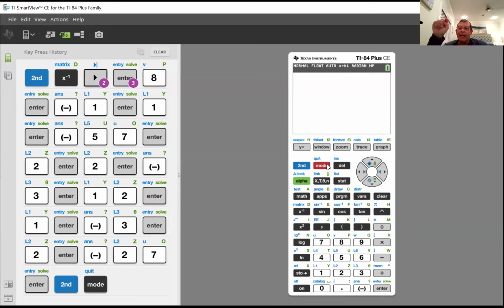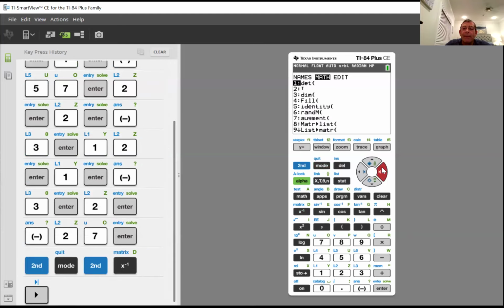All right, y'all. So next step was to go get the RREF. So go back to the matrix, second x -1, arrow over to math, and then arrow down to RREF. So RREF, hit enter. That'll bring it on the screen.